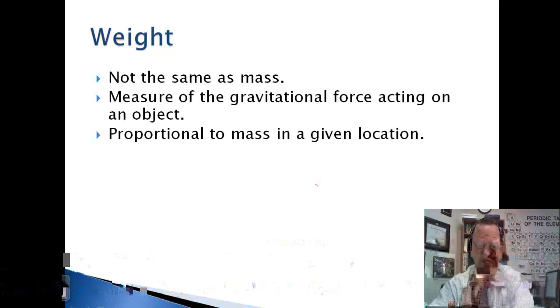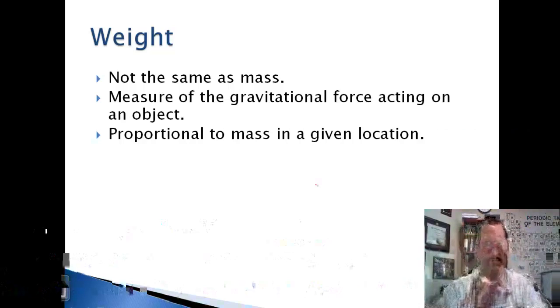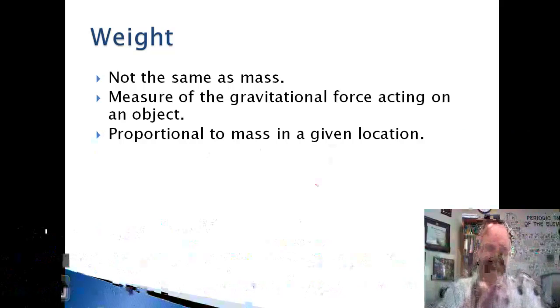Weight will change based on the location of an object. It even happens here on Earth. If you were at sea level versus on top of Mount Everest, you would have a different weight. Mount Everest is further away from the center of the Earth, which means there's less gravitational force, which means less weight. Weight is in the units of newtons, or the more common unit that we think of is pounds.